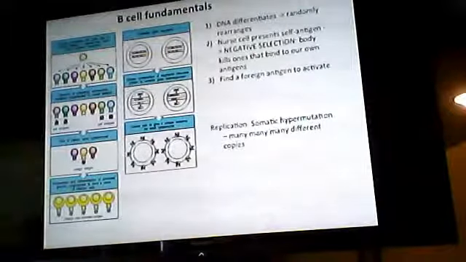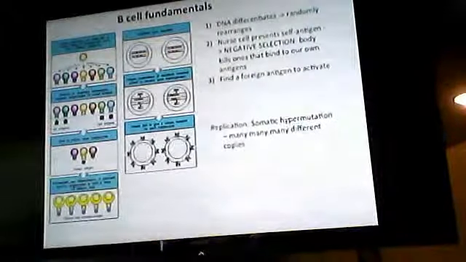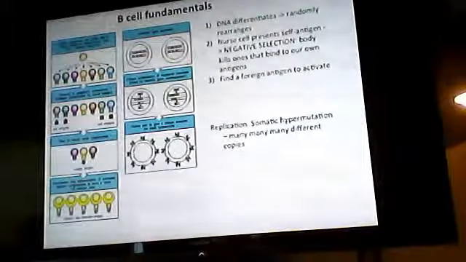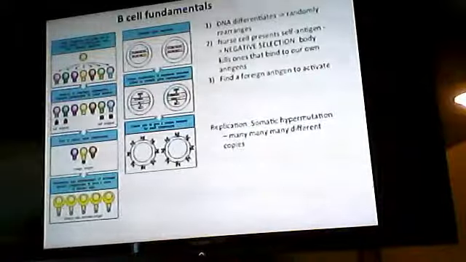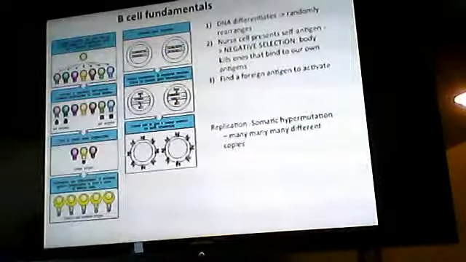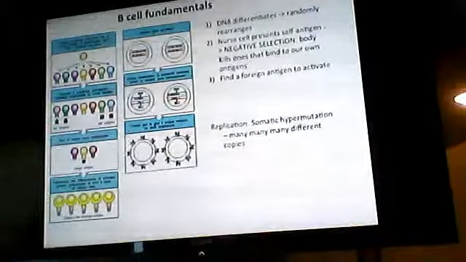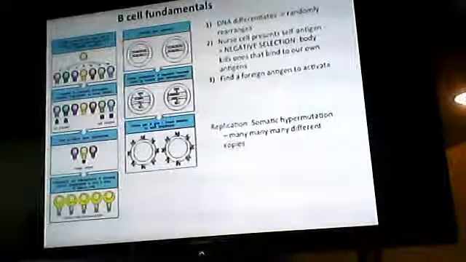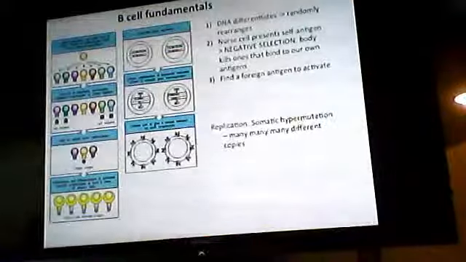So, B cell fundamentals. How are we supposed to know what does and does not constitute a self-antigen? How are we supposed to know all the different combinations of possible antigens out there? What B cells do is your DNA will randomly differentiate through a process called VDJ recombination.